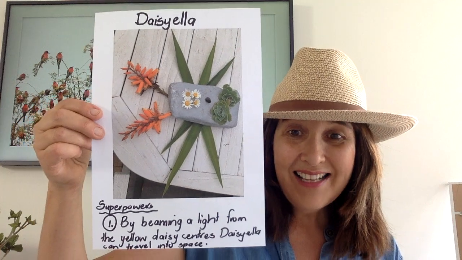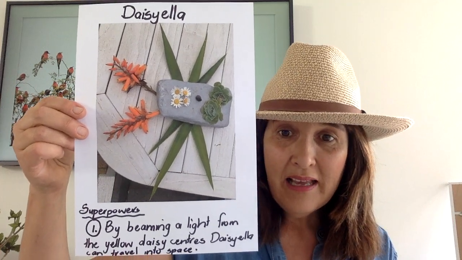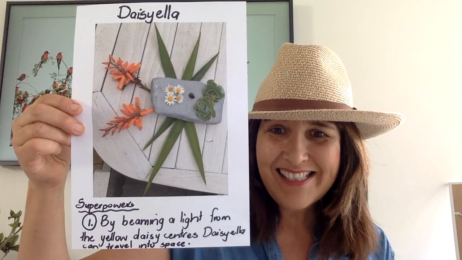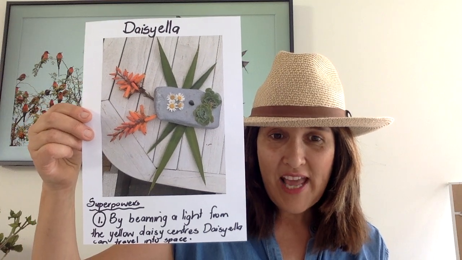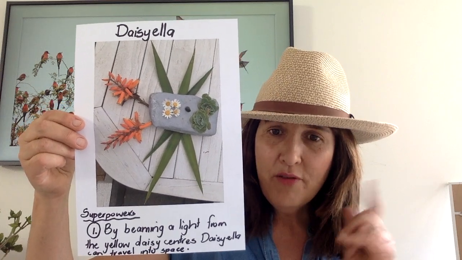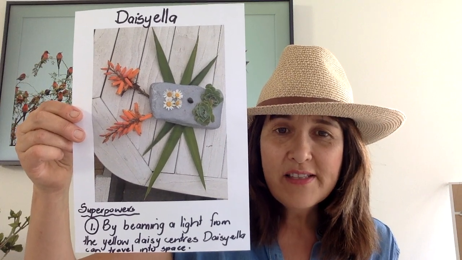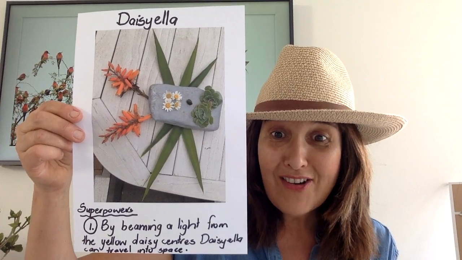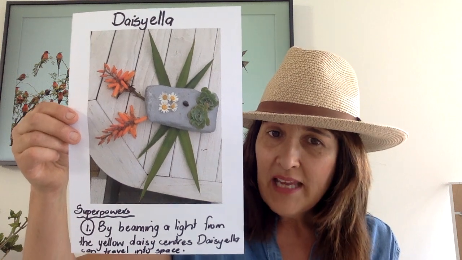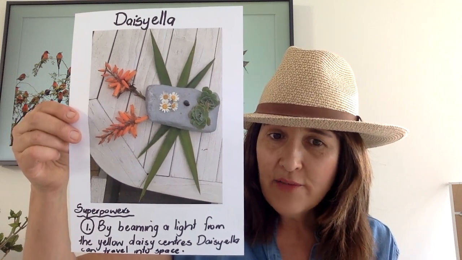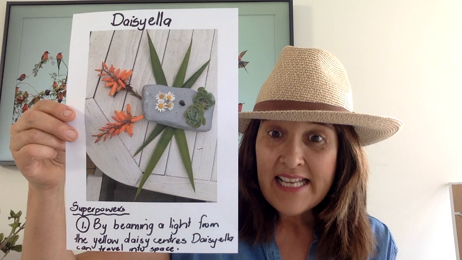And today I said, could you please write me some superpowers that your creative creature has? And I looked at mine, and I've only written one, but I know that you can write me more than that. I wrote that the superpower for this crazy creature is that, by beaming a light from the yellow daisy centres, Daisiella can travel into space.